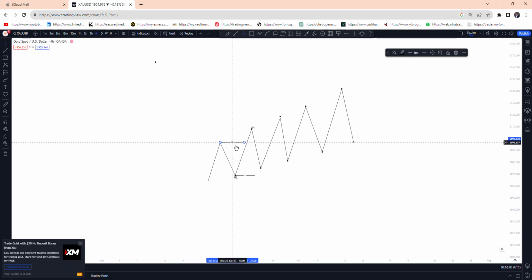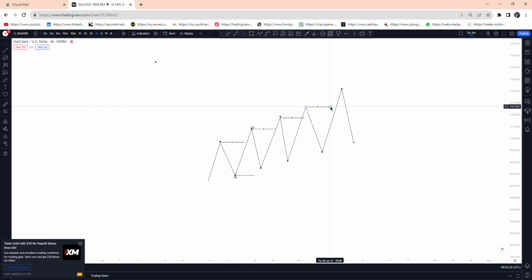I name it B. So it continues like that in all these places. The moment it passes this high, it's a breaker of structure.